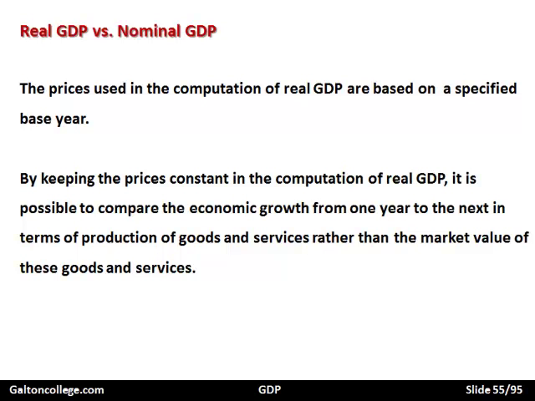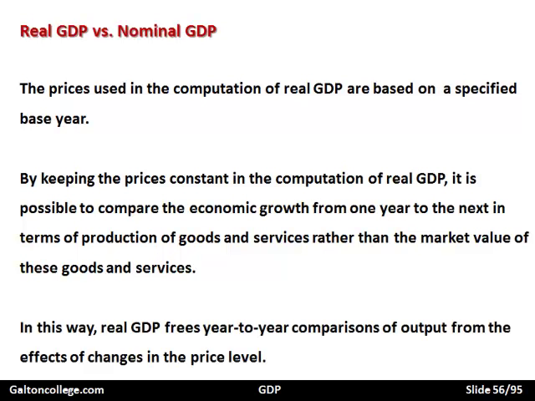If the items are priced at some base level price, then any changes to, say, GDP must be caused by output changes, because the prices are not relevant. In this way, real GDP frees year-to-year comparisons of output from the effects of changes in prices, because the prices are simply taken out of account. It's a base price. That's it.